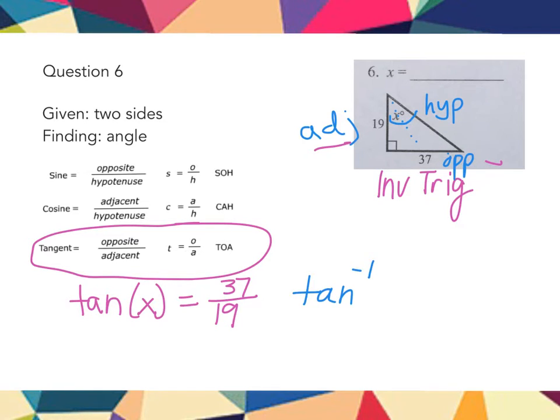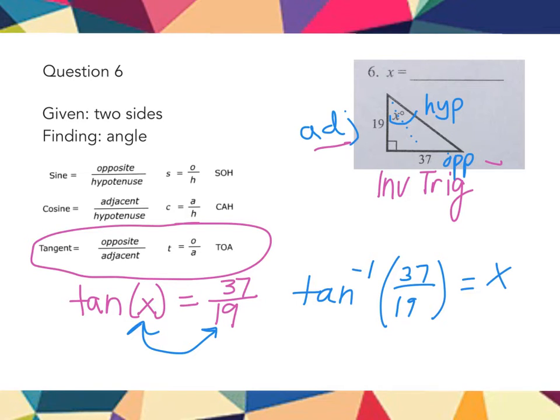That -1 we use to represent the inverse. And we're going to essentially just swap out this information. So the inverse tangent of 37 over 19 will give us x.